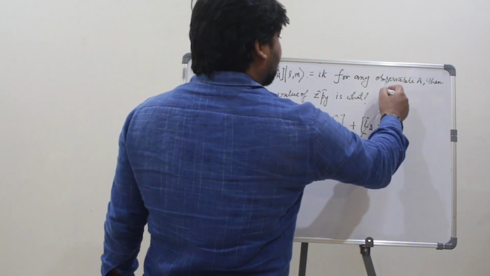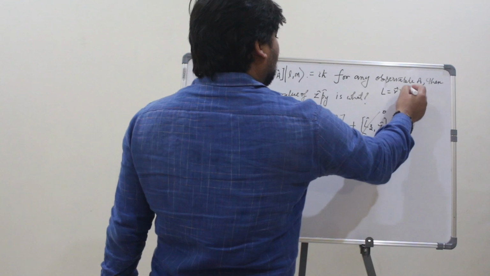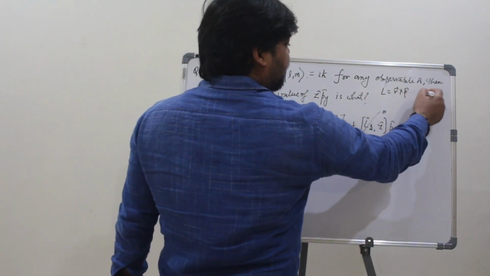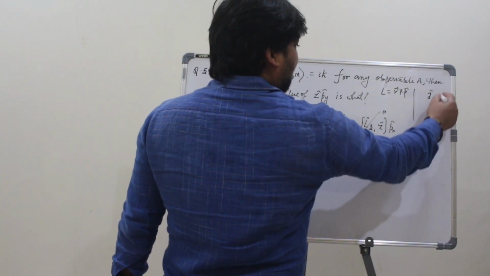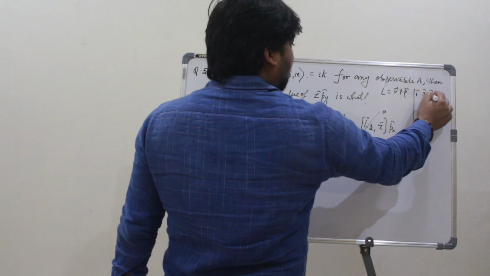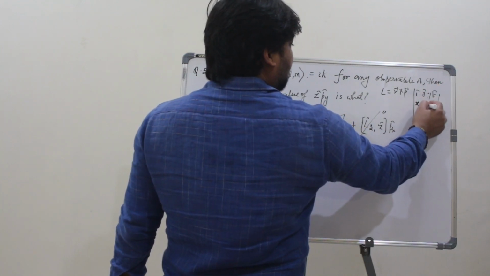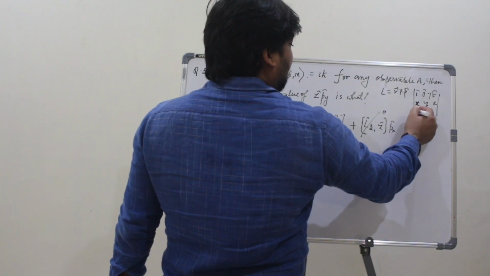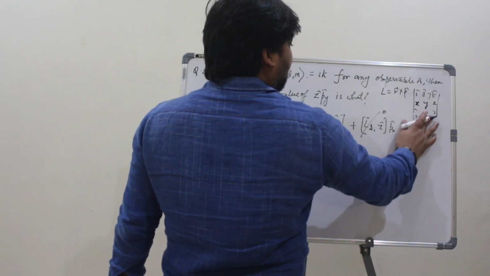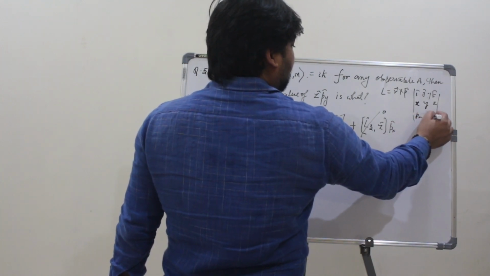You take L equals r cross p, giving you the determinant with i, j, k, x, y, z and px, py, pz.